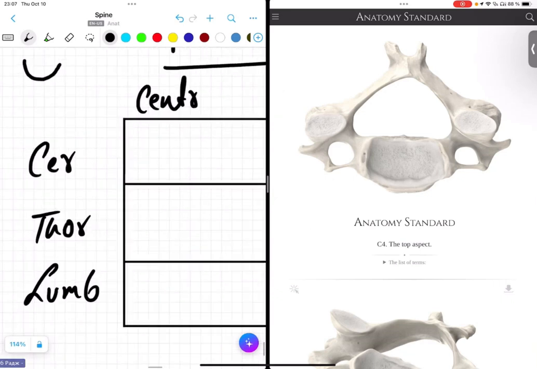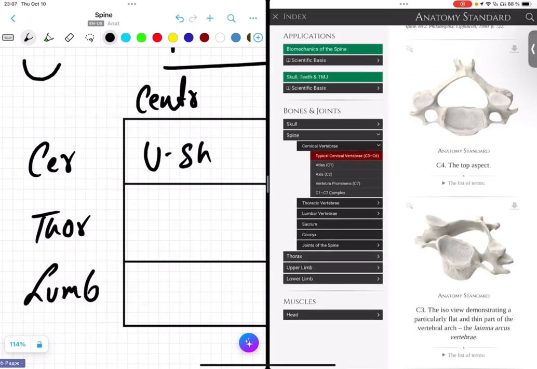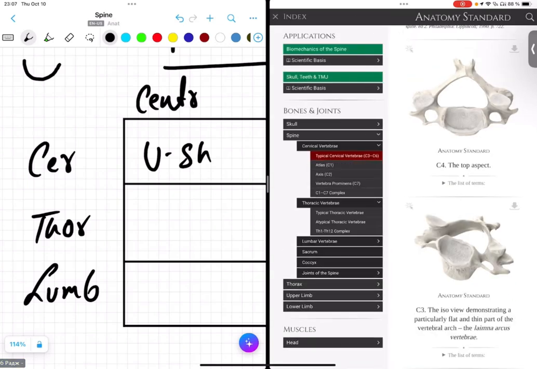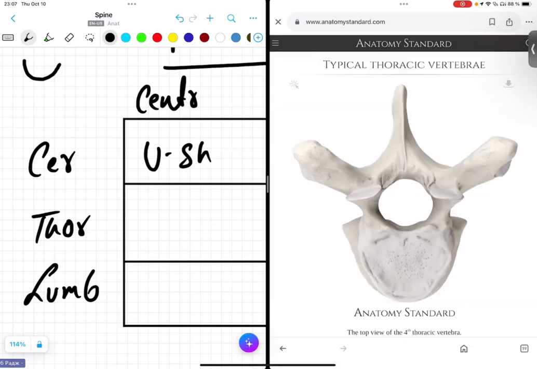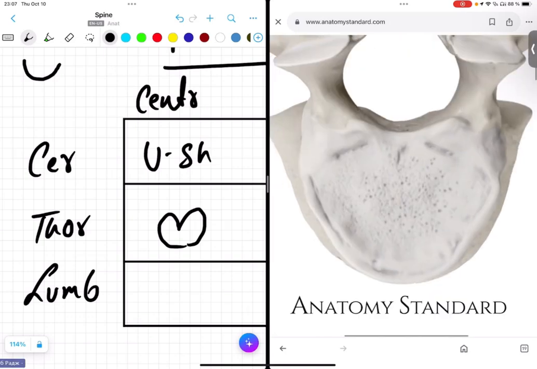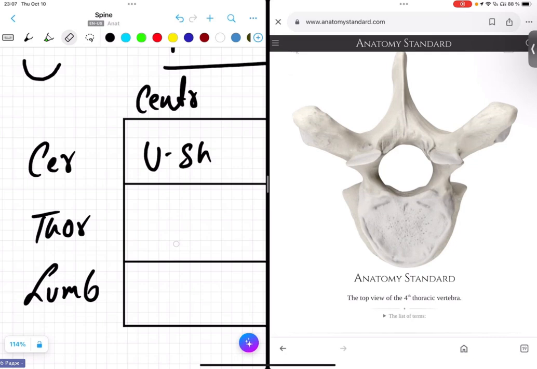So the body is U-shaped in the cervical region, but if this is your thoracic region, the shape of the body will be, does it resemble a heart? Yes, sir. Your body resembles the shape of a heart. So, heart shaped.